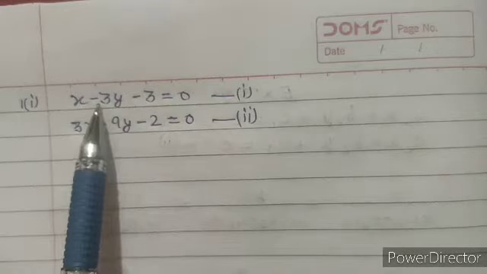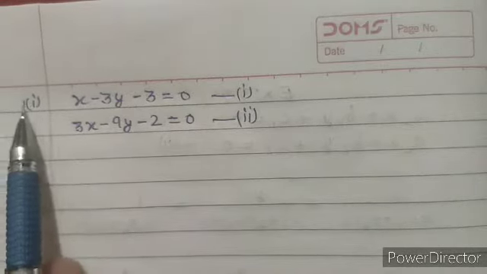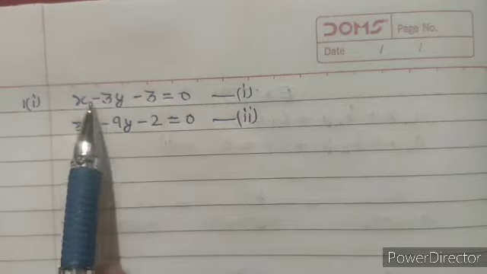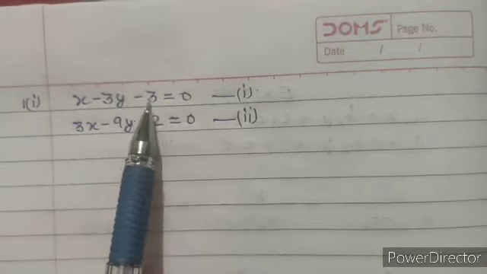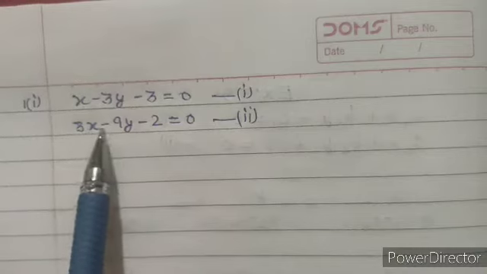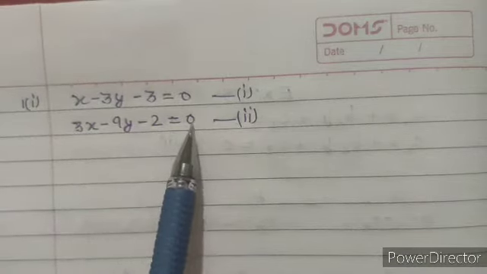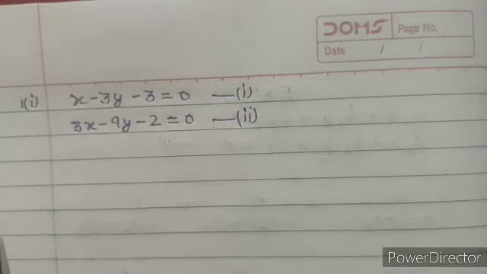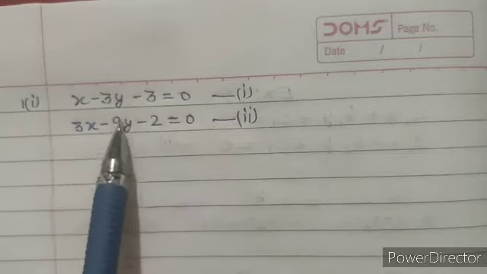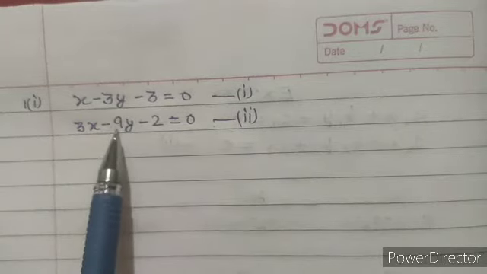Now the pair of linear equations in the first part of question number one are x minus 3y minus 3 equal to 0 and 3x minus 9y minus 2 equal to 0. First of all we will check whether the given pair of linear equations has a unique solution or not.